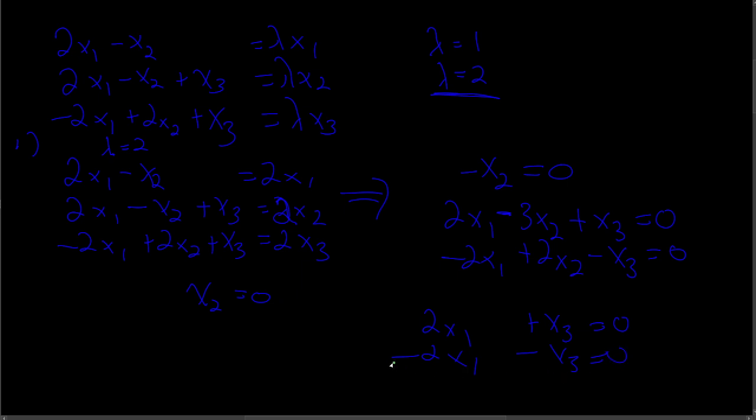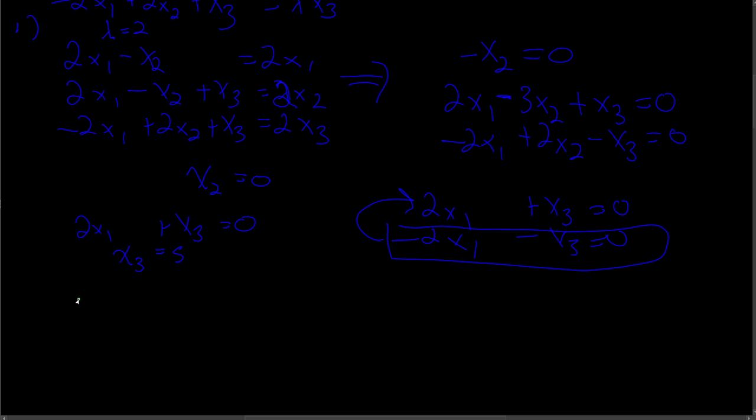Now if I divide the negative out of here, I get the same equation back. So we end up with a system of 2x1 plus x3 equals 0. So if we let x3 equal s, then 2x1 equals negative s, and x1 equals minus 1/2 s.